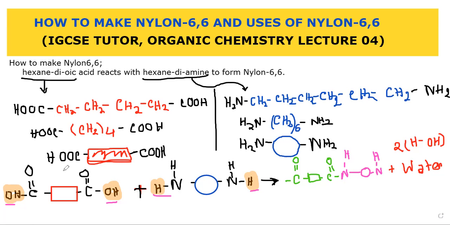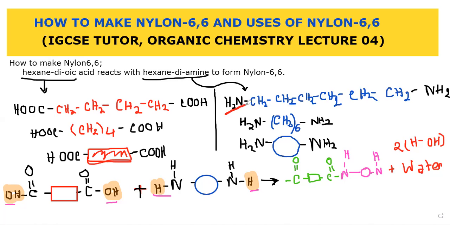At last, we just select a symbol for 4 CH2s. I selected a rectangle, but you can select any symbol on earth. Next, we have drawn the hexane diamine. For hexane diamine we have 2 functional groups as well, that is NH2, NH2. Then we have the remaining 6 CH2s, 6 carbon atoms attached with 2 hydrogen each time.